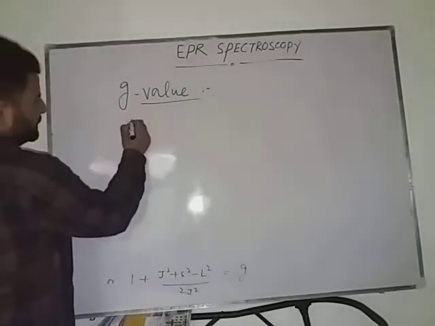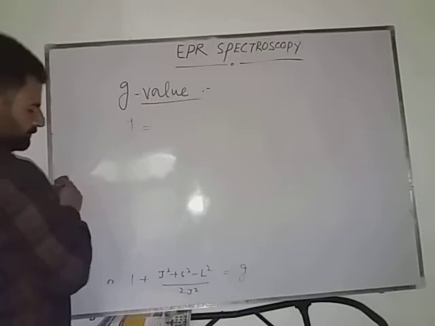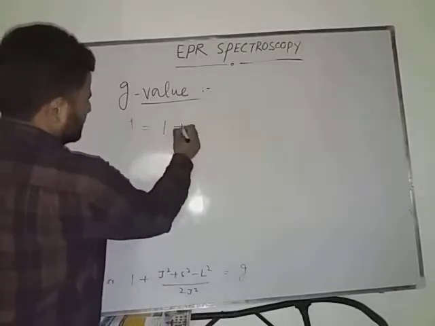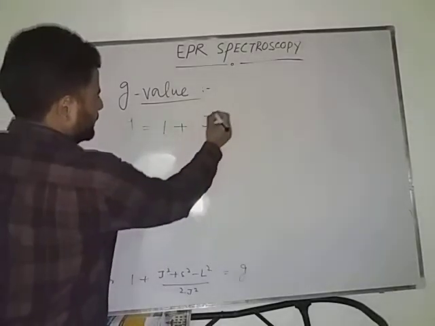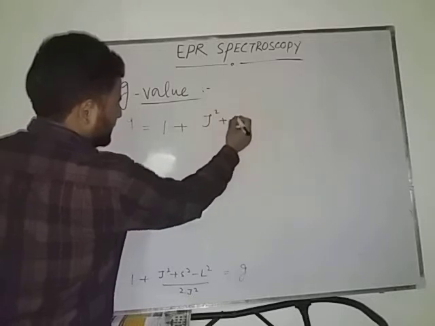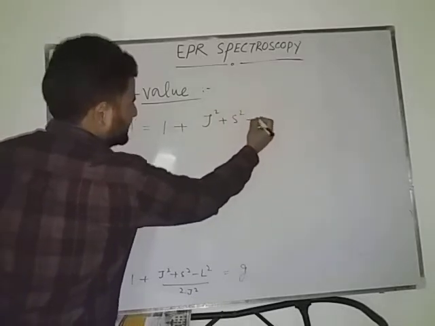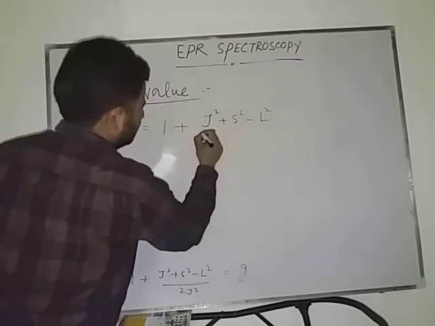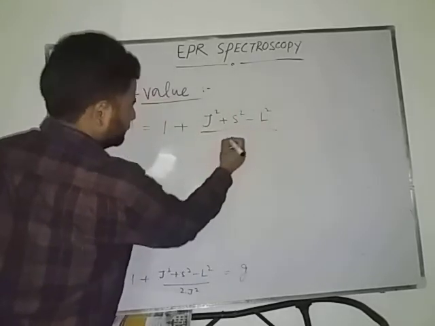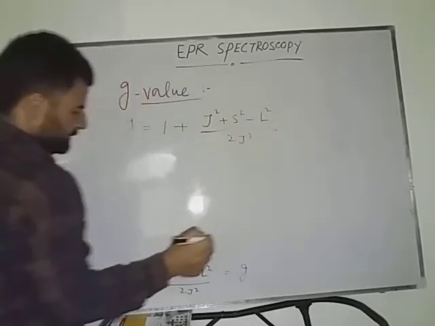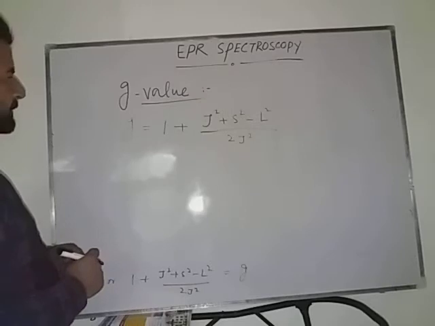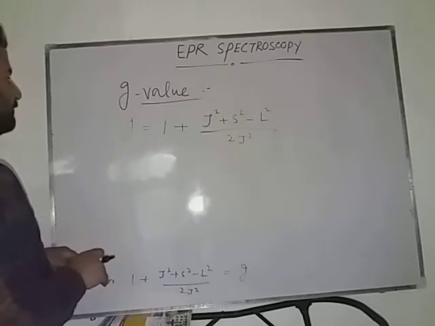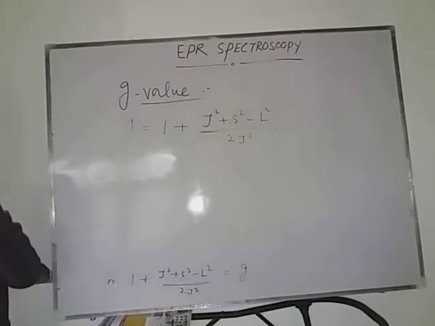So we can write g is equal to 1 plus J square plus S square minus L square divided by twice J square.